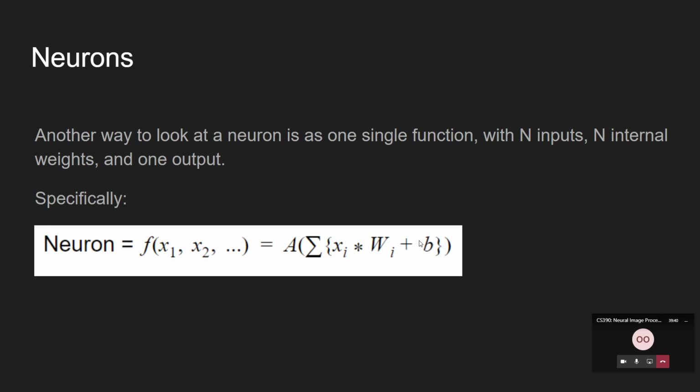Technically, this is very slightly wrong. I did a goof here. Can anybody tell me what the goof is? Has to do with this general area. Is it okay for the bias to be in the summation? Exactly.